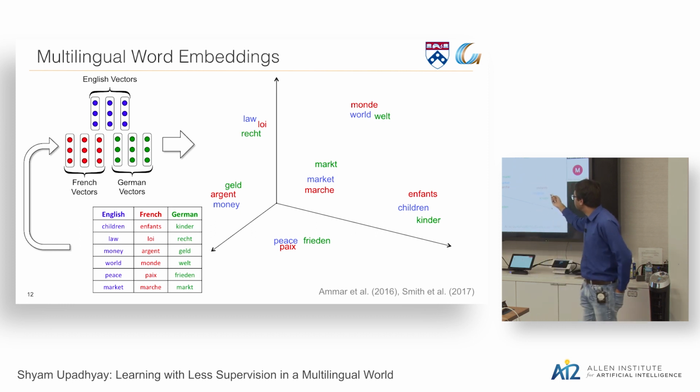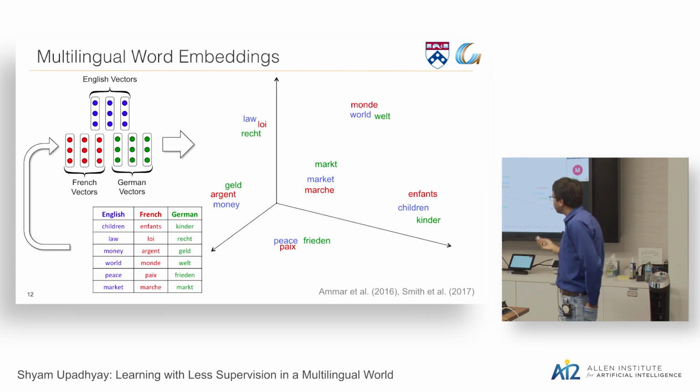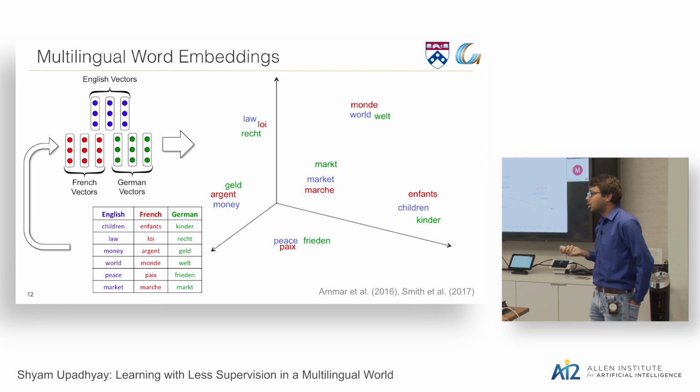So for instance, all the words which are translationally equivalent to market are clustered together, and so on. And our idea is that we are going to use this as a building block for our shared feature space to combine the supervision.